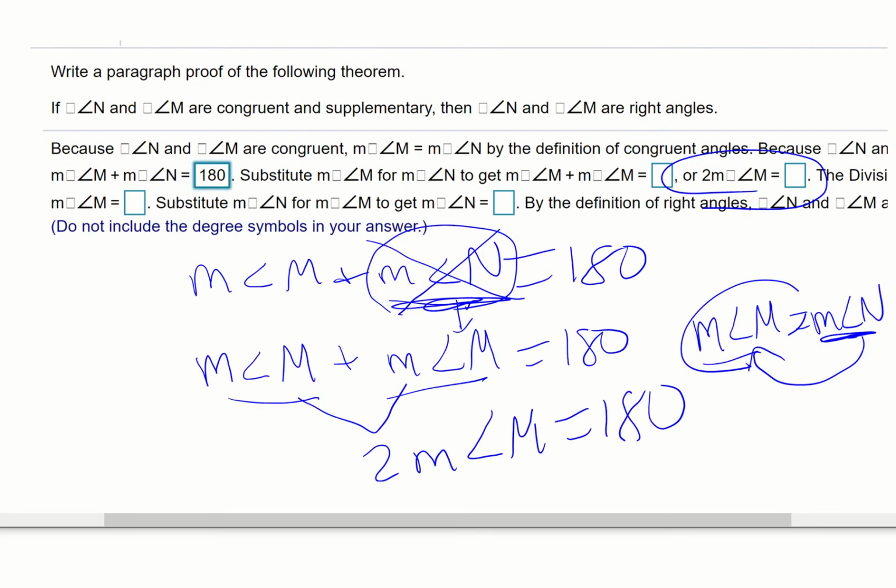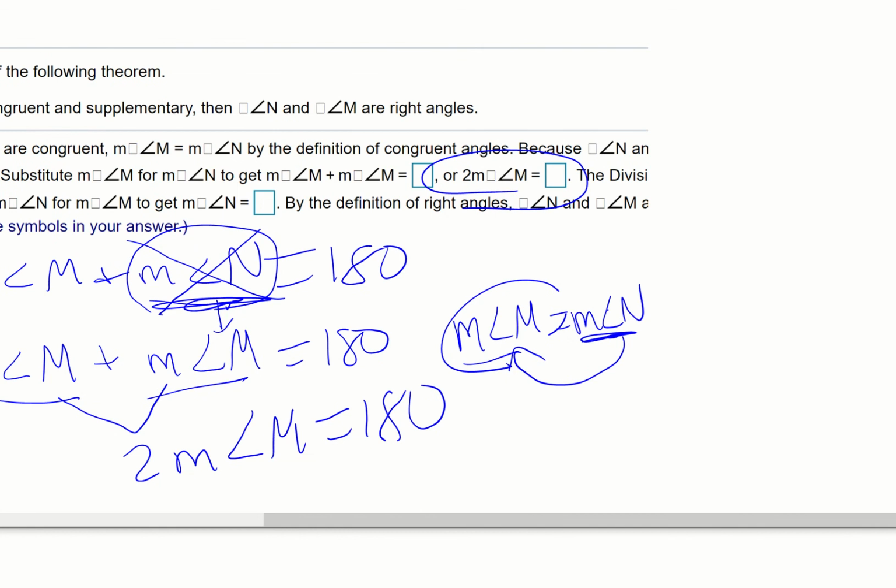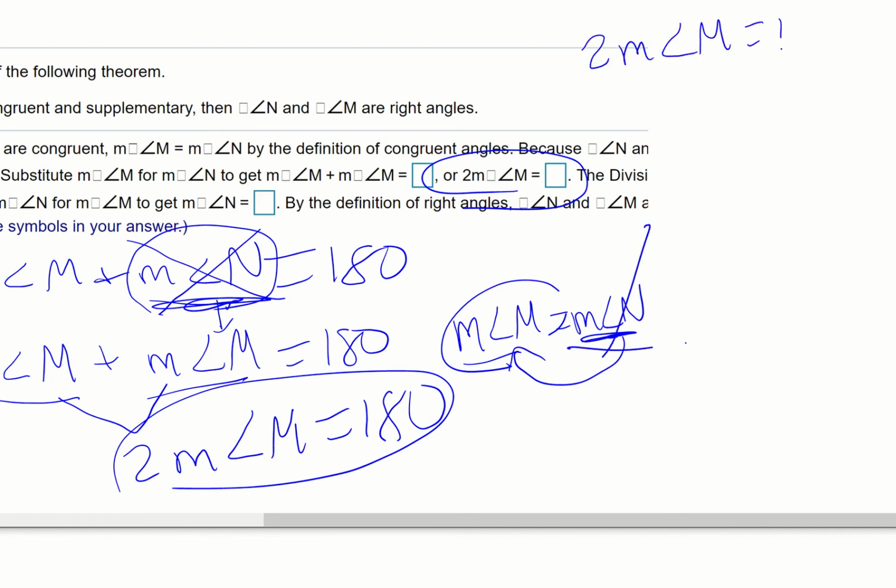If we go back to the picture that I drew, because we know this right here, I'll go ahead and rewrite it over here. Because we know this on the right hand side, we can divide by 2 on both sides, and that's the division property right there. And if we divide by 2 on both sides, then we know that 180 divided by 2 is 90. And so by division property, that means angle M has to be 90.